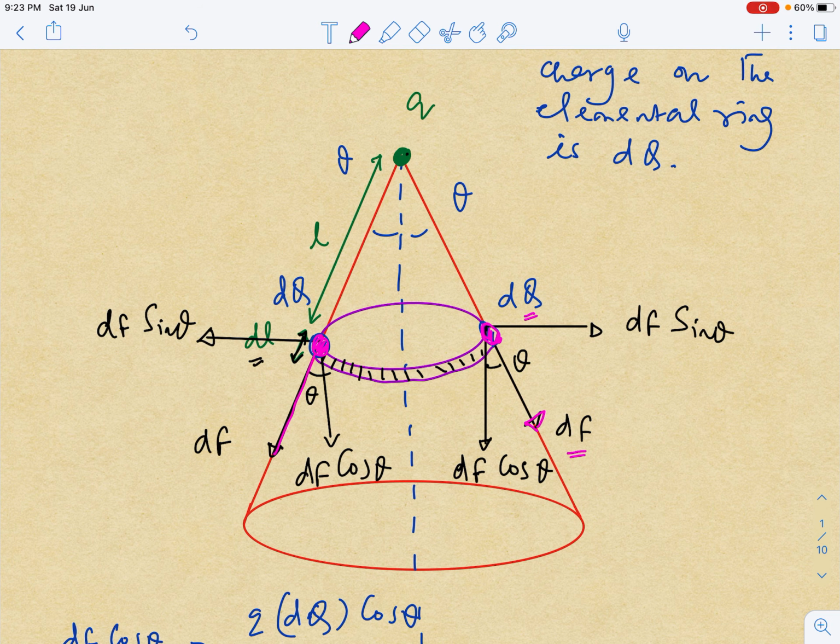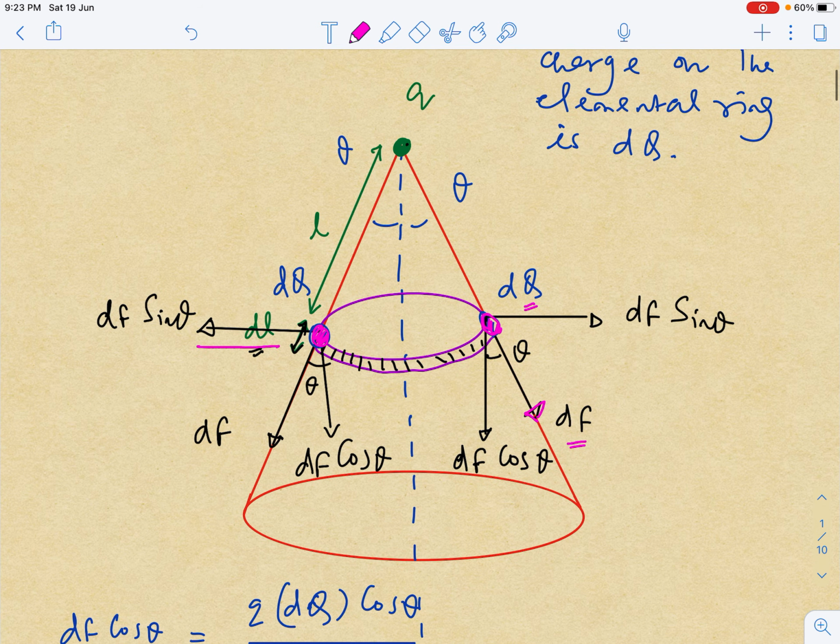For this is the force, and this force will also have x component as well as y component of the same value. From these two, you can check that this dF sine theta and this dF sine theta are mutually opposite in direction, hence they will cancel each other. So for any number of pairs, the horizontal forces will cancel each other.